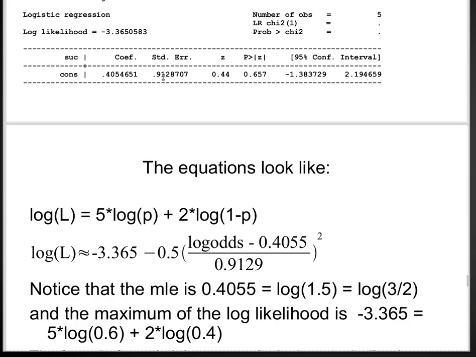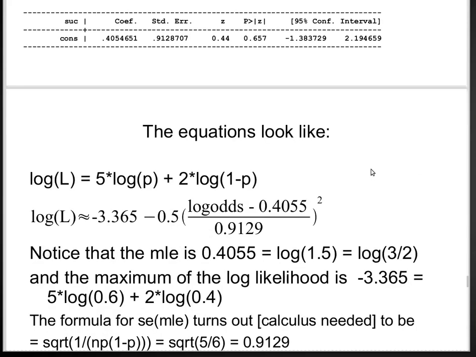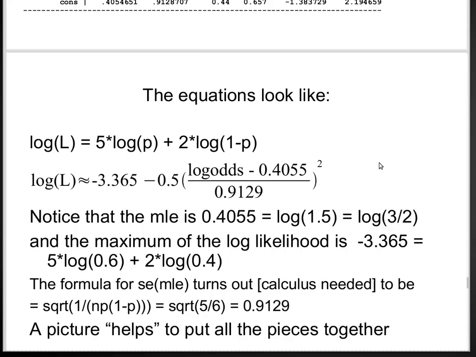So we can see that the equation that we have, substituting in the maximum likelihood estimate and the standard error of the maximum likelihood estimate, gives us the approximating log likelihood function for this data set. And then you can see we get some numbers.